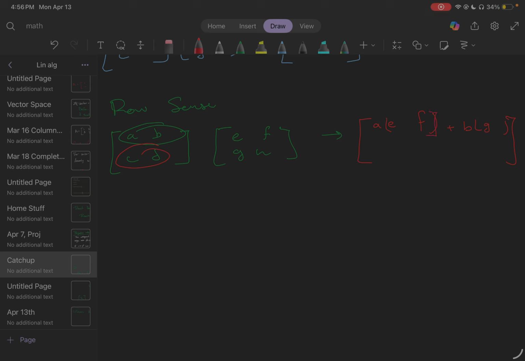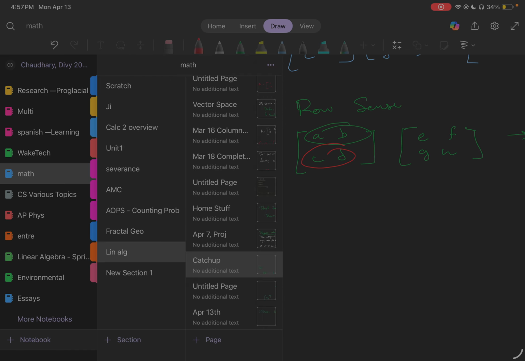These are supposed to be braces, because these are technically like the rows or the columns. Vice versa, we do the same for the bottom. That makes sense. Okay, going back to our notes.